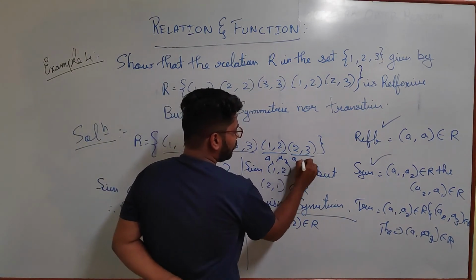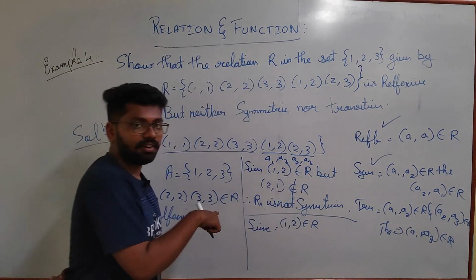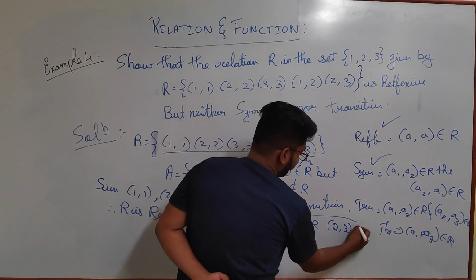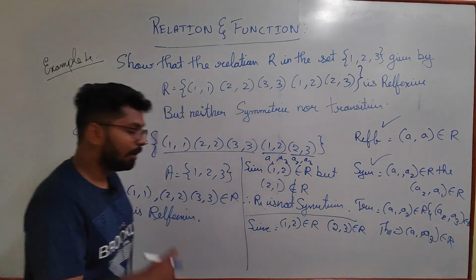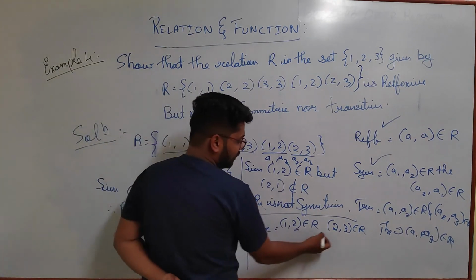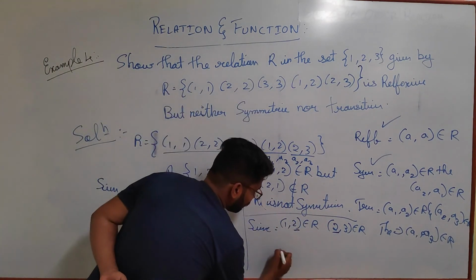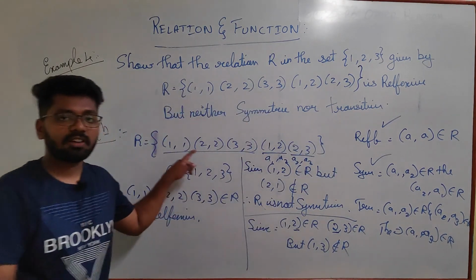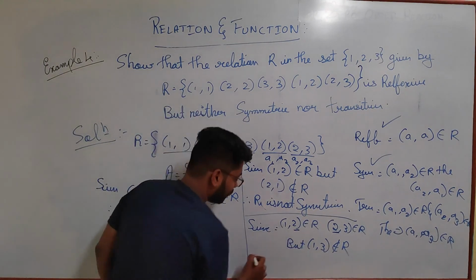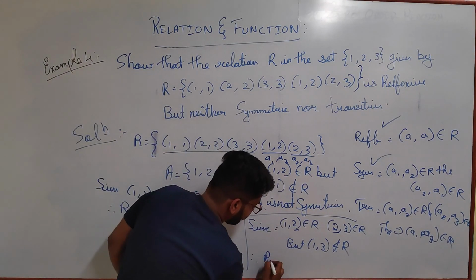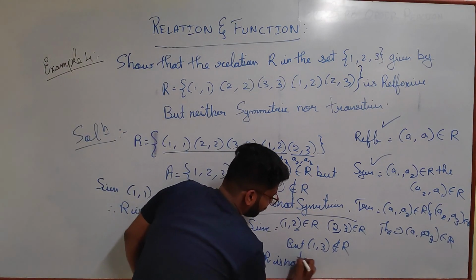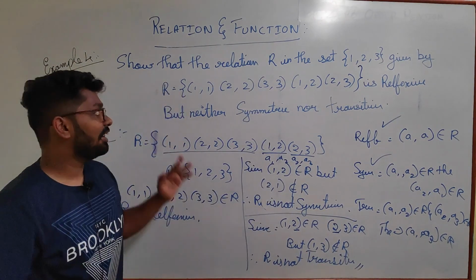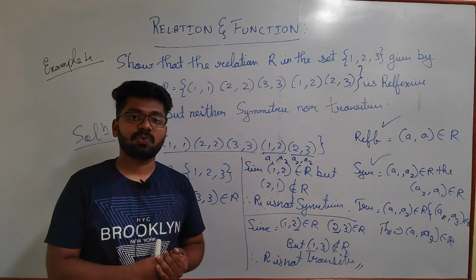Now (a2, a3) also belongs to R, that is (2,3) belongs to R. But eliminating the common one, (1,3) does not belong to R. Does (1,3) belong? No, it does not belong. So therefore what you can say? R is not transitive. So this is the basic introduction of relations, exercise 1.1.